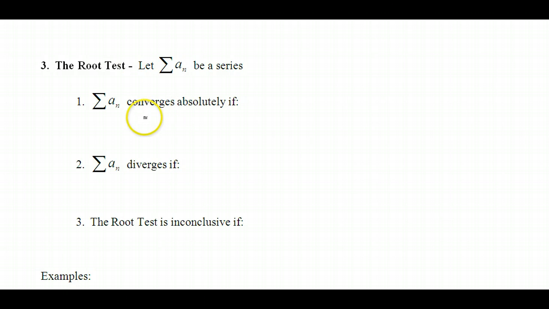So a similar situation here is that we're going to figure out when our series will converge and when it will diverge. So if you have this series and we have a sub n, it will converge absolutely, and we don't have to really be concerned about the absolutely portion like we do when we have our alternating series. But it's a limit as n approaches infinity, and you have the nth root of the absolute value of a sub n.